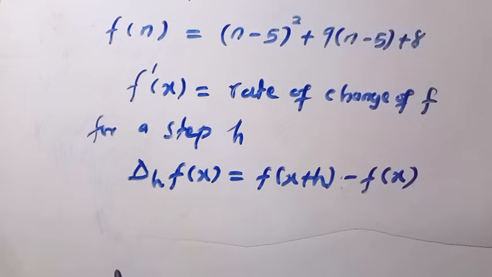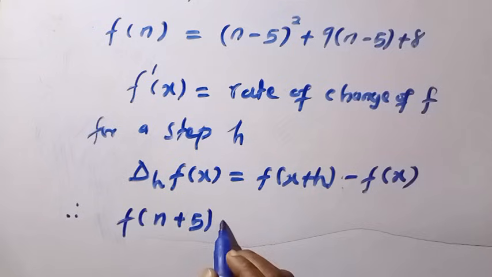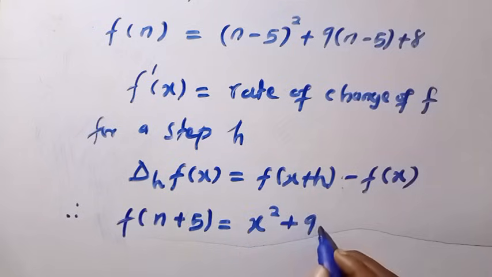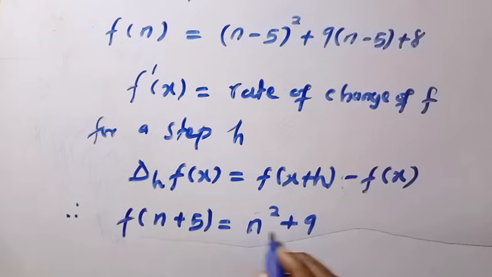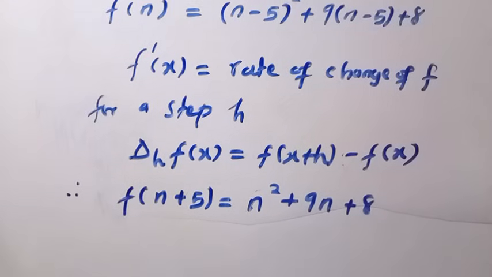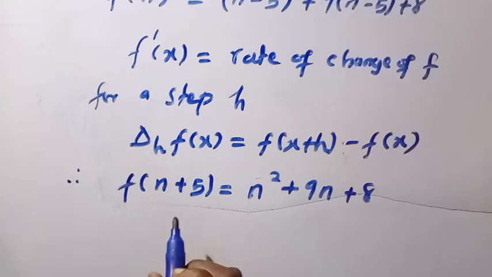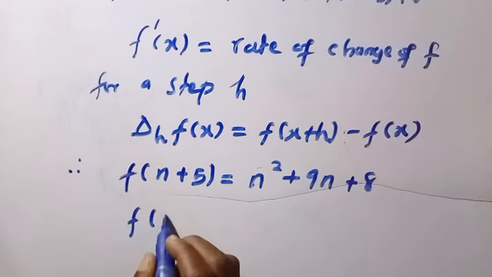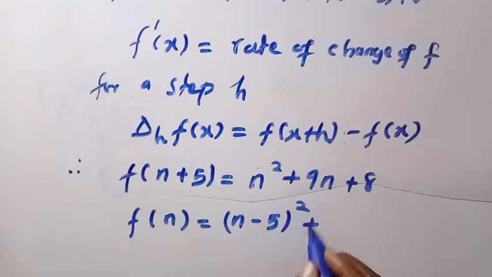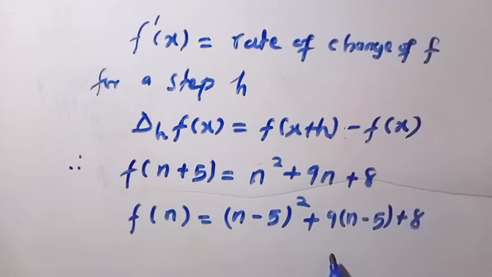And from the original question, where we have f of n plus 5 equals n squared plus 9n plus 8, let's try and shift this, as I've already shifted it above, where we have f of n equals (n minus 5) squared plus 9 into (n minus 5) plus 8.